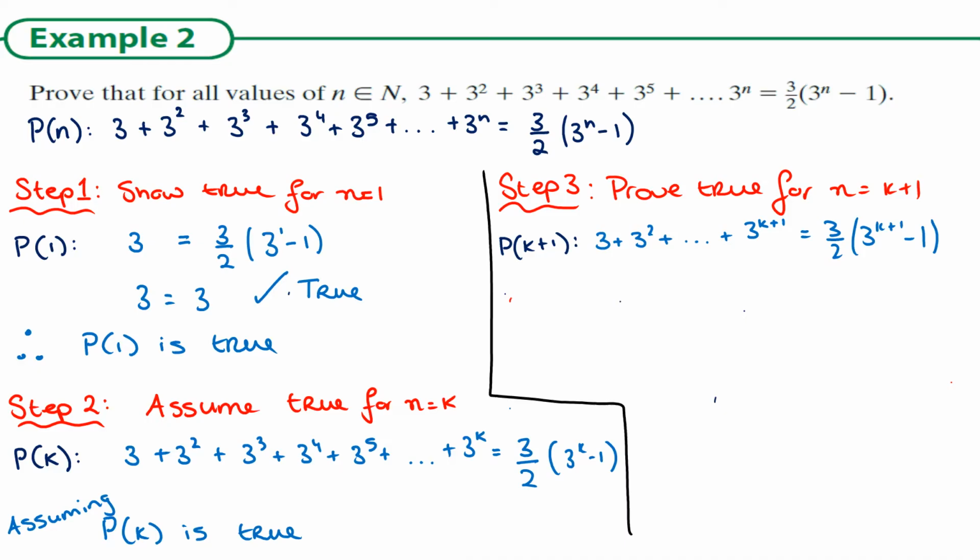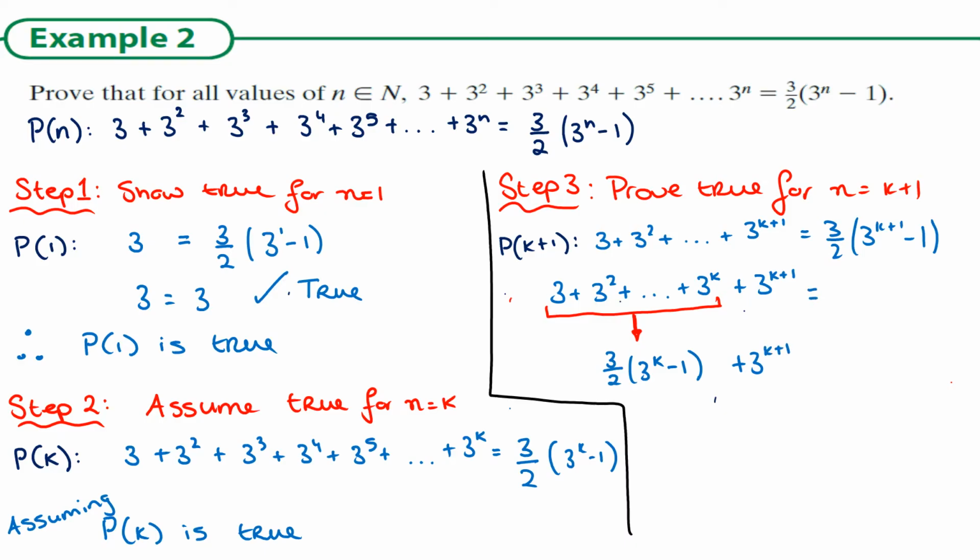Just like in the last example, we're going to use what we've already assumed to be true in step 2. So we're going to do dot dot dot up to 3 to the power of k, then 3 to the power of k plus 1. So all I'm doing is writing in the second last term, because now I can use the fact that I've assumed this is 3 over 2 times 3 to the power of k minus 1, and that should be equal to 3 to the power of k plus 1.